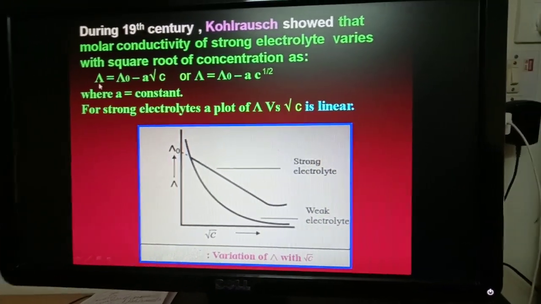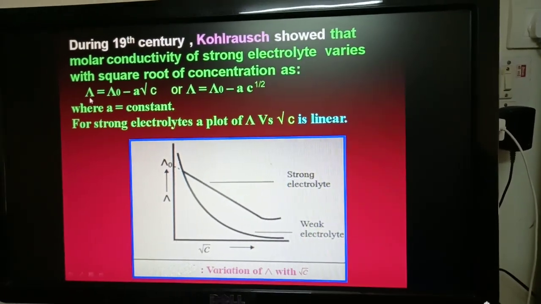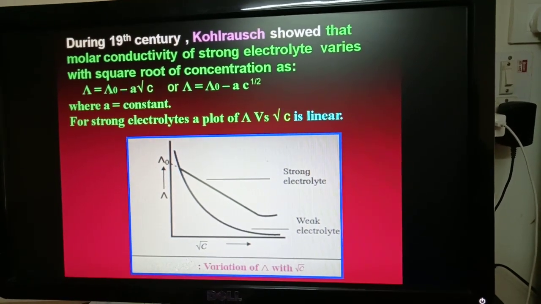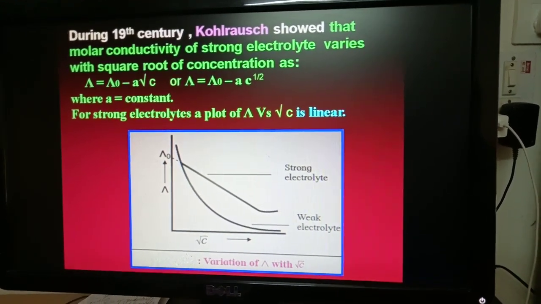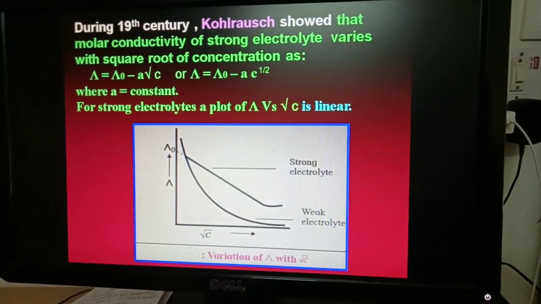You know what is lambda? It is the molar conductivity of the given strong electrolyte. And what is lambda 0? It is the molar conductivity of the same electrolyte at zero concentration or at infinite dilution.